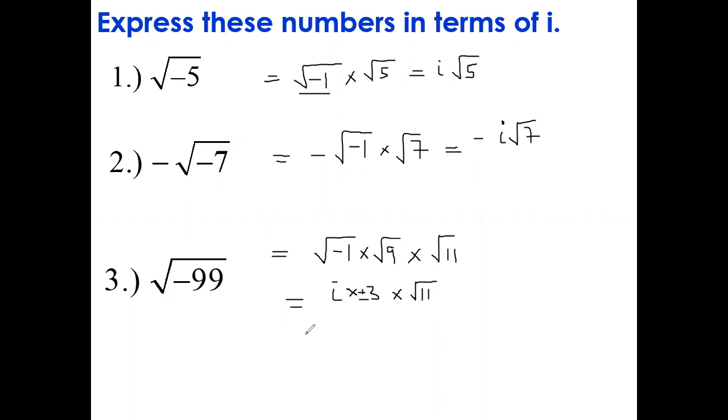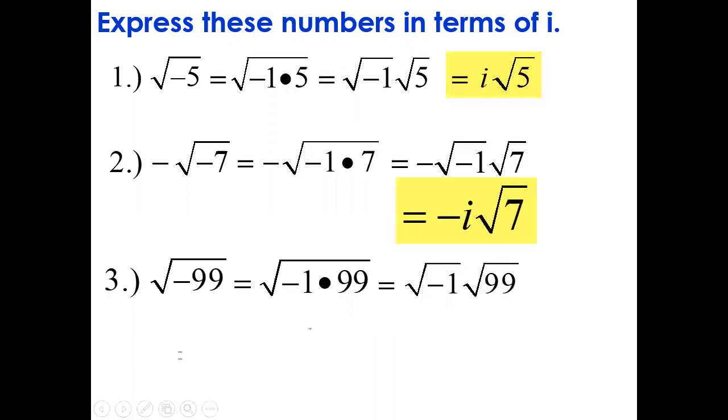So this will give us plus 3i root 11, or minus 3i root 11. Now, let's try more examples to understand what complex numbers actually mean.